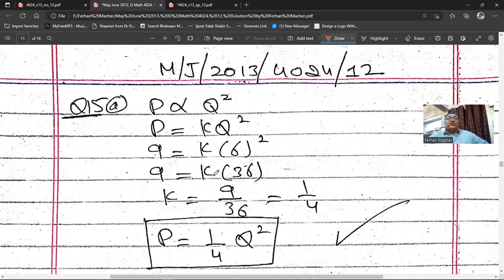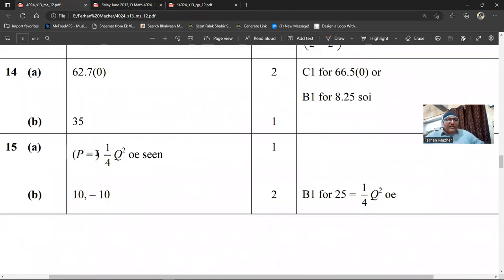So 9 is equals to K 36. And the K 36 will go on the other side. It will divide. So K will be 9 by 36. And the K will be equals to 1 by 4. So the formula will become P is equals to 1 by 4 Q square. P is equals to 1 by 4 Q square is the right answer, sir.